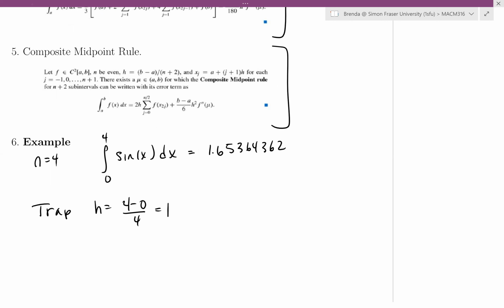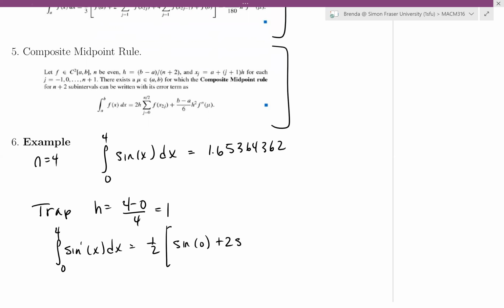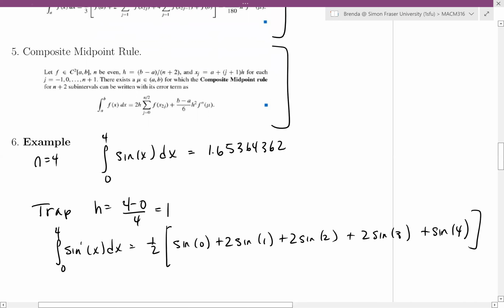If I use the trapezoidal rule, I'm going to estimate the integral of sine x dx to be 1/2, that is h over 2, times the sine of 0 plus 2 times the sine of 1 plus 2 times the sine of 2 plus 2 times the sine of 3 plus the sine of 4. That is how you do it. And you get some number.